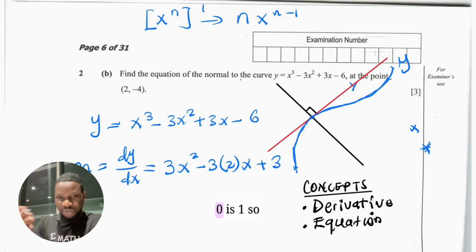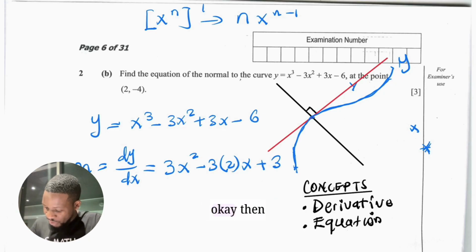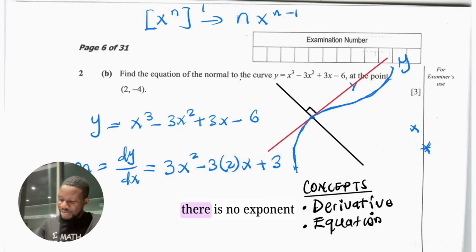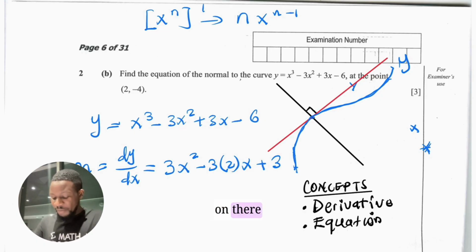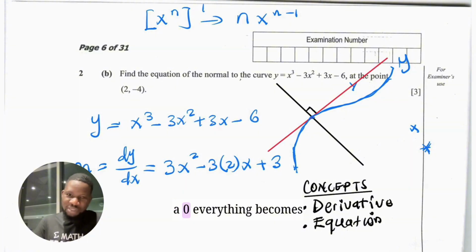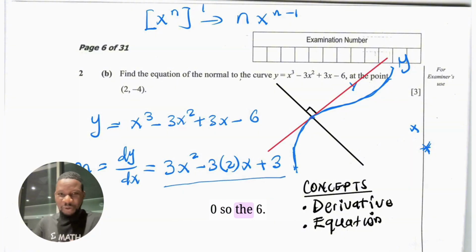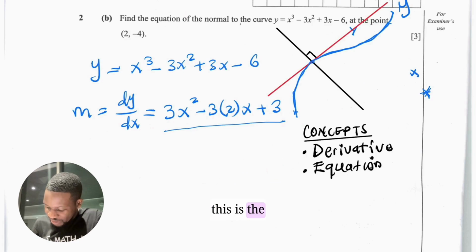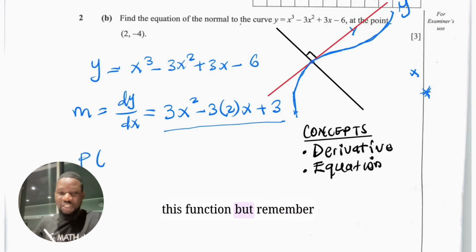Any number to the power 0 is 1. So we have a 3. Okay, then there is no x in 6, right? So you have just something like x to the power 0. When you drop a 0, everything becomes 0. So the 6 disappears. Okay, so this is the derivative of this function.